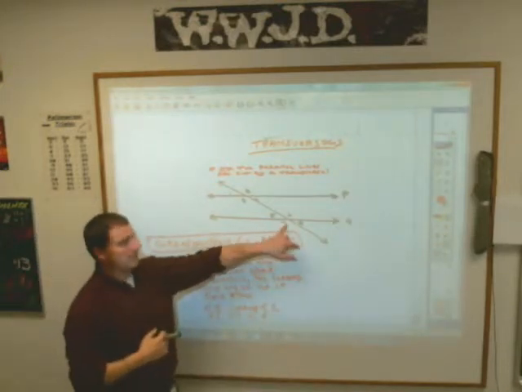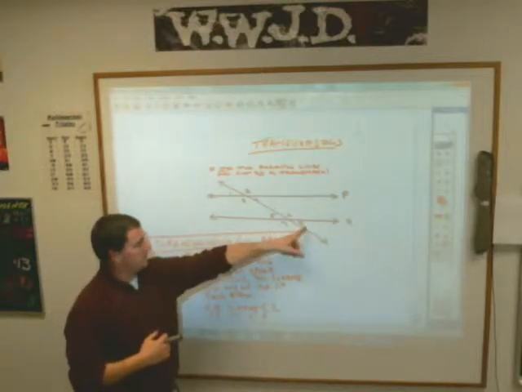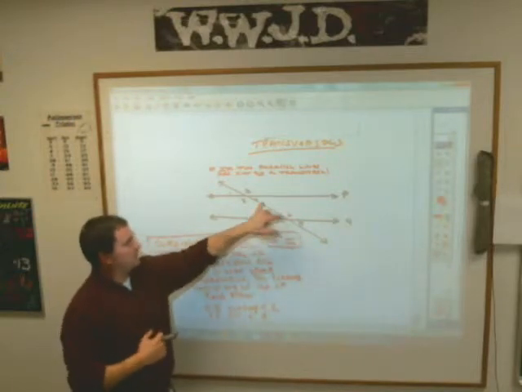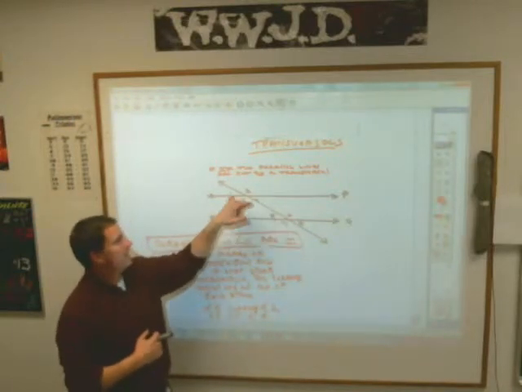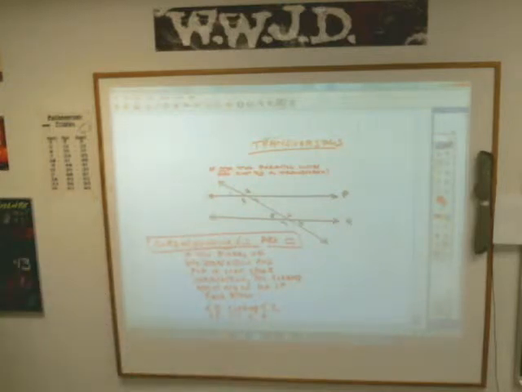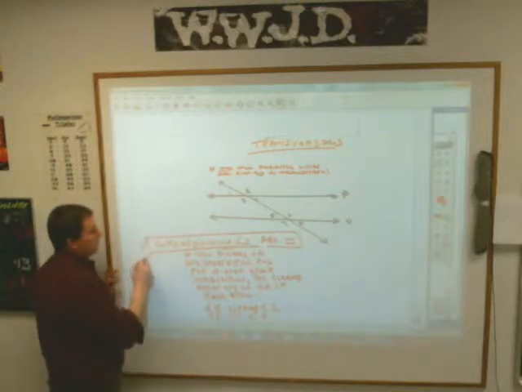In other words, angle 7 will be the same degrees as angle 3. 8 will be the same as 4. 6 will be 2. 5 will be 1. Corresponding angles are equal. Welcome to the world of geometry.